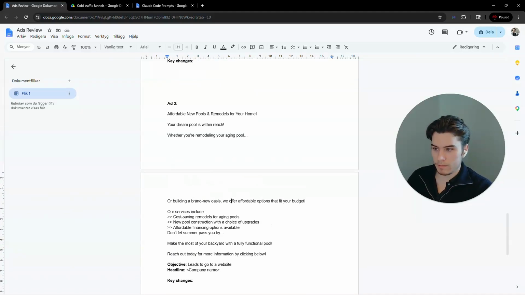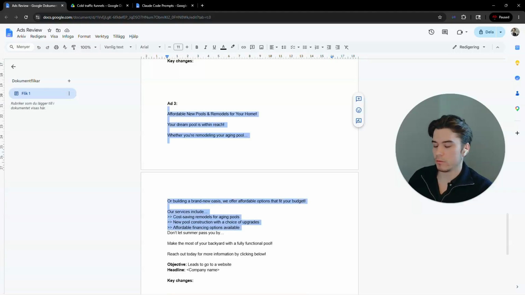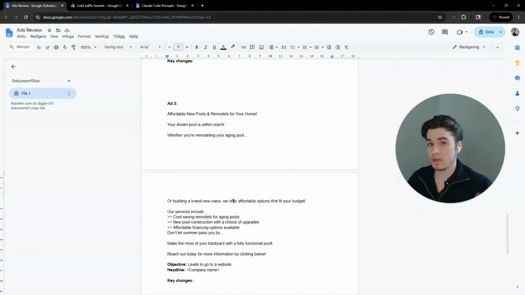If you notice, again, whoever wrote this ad, it looks like an agency, but whoever wrote this ad is hitting a lot on just this affordable angle. It's like, look how cheap we are. We promise we're going to be super cheap, right? And again, you're just going to attract price shoppers.